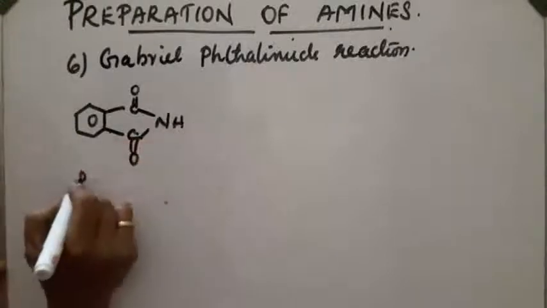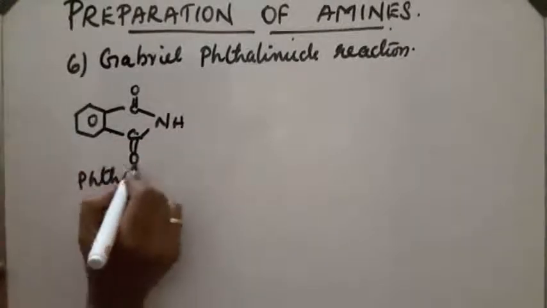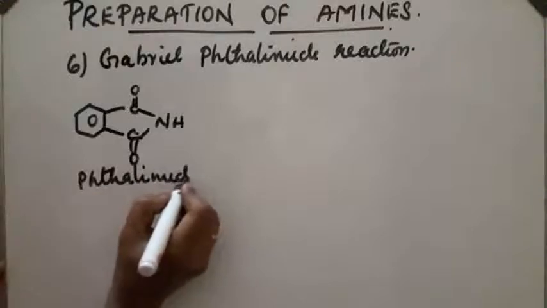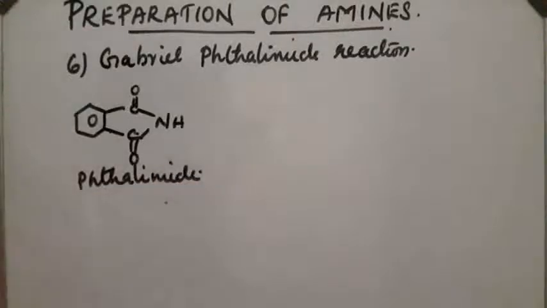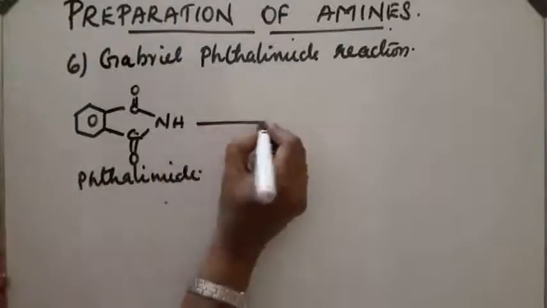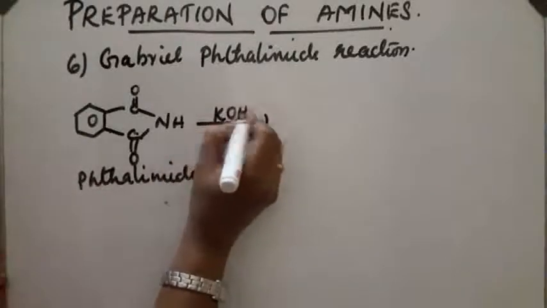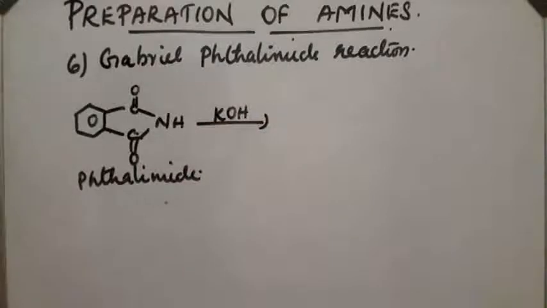Phthalimide on treatment with ethanolic KOH first gives a potassium salt. That on reaction with alkyl halide gives N-alkyl phthalimide, and that on hydrolysis gives the corresponding primary amine.